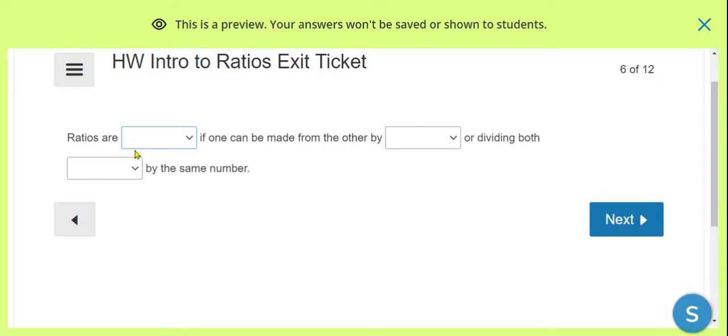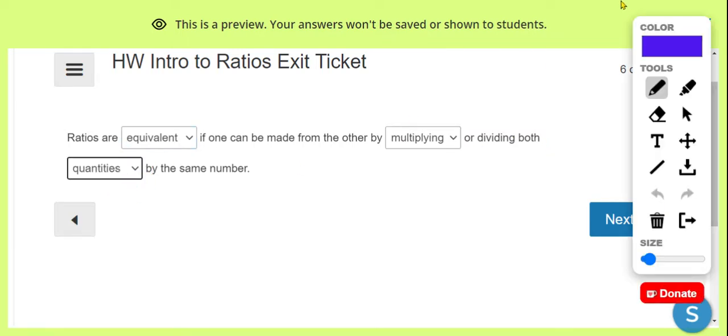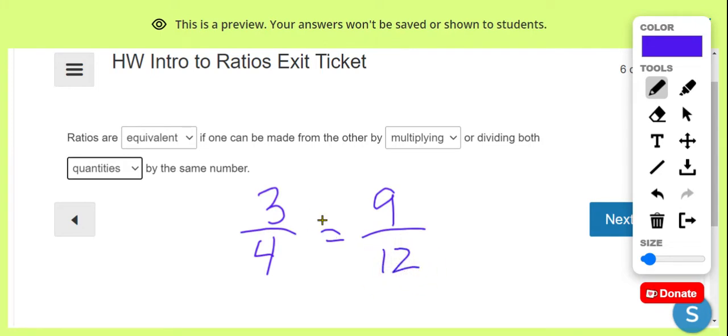So ratios are equivalent, ratios are going to be equal, if you could multiply or divide both of the quantities by the same number. So what does that mean? So using that example, 3 to 4, and let's say we did 9 to 12.